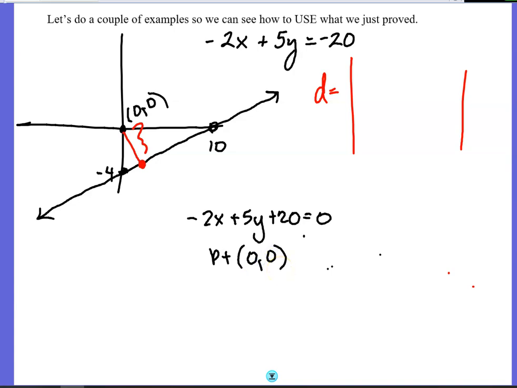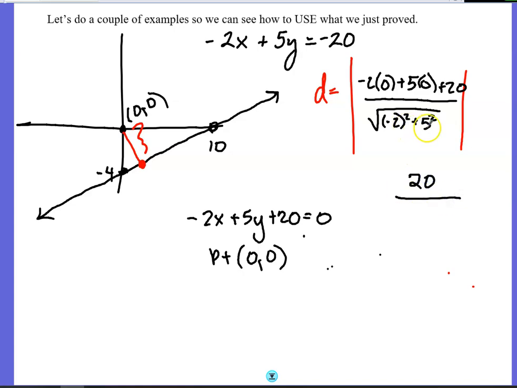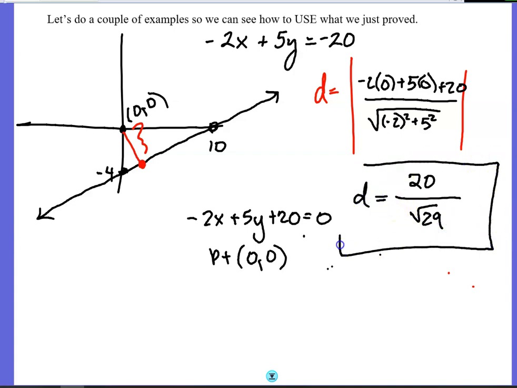Because you're using 0, 0, when you plug into your line, the only thing that ends up affecting it is that C value because these guys come out to 0. But the -2 and the 5 are important for the magnitude of the bottom. So I get +20 over, let's see, root 29. So there's my distance between my point and my line. Okay, cool.